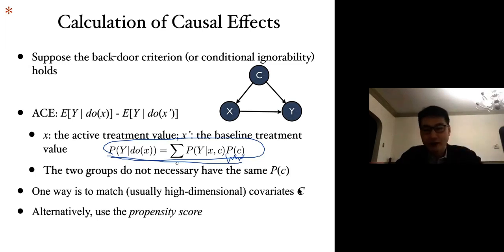It could be a lot of features. This is kind of troublesome because you have to match the distribution of a high dimensional vector. So instead of considering c, you can do something very different by making use of the so-called propensity score. So what's the propensity score?